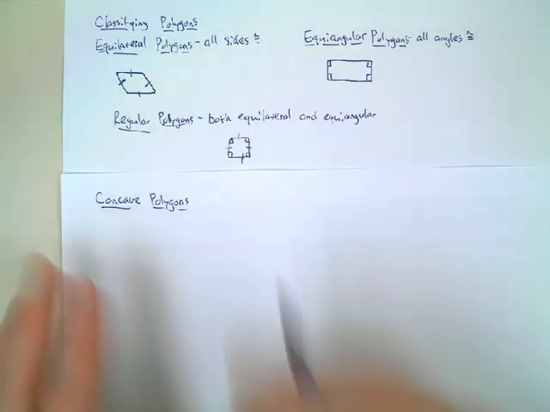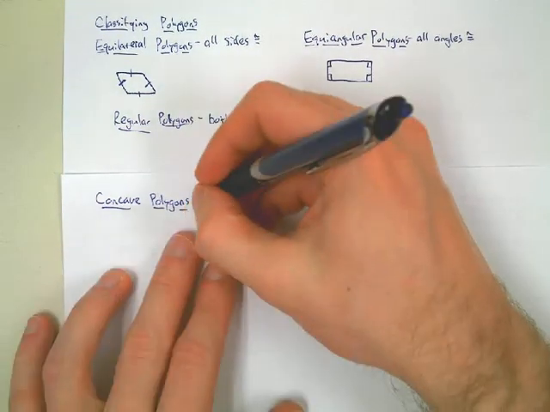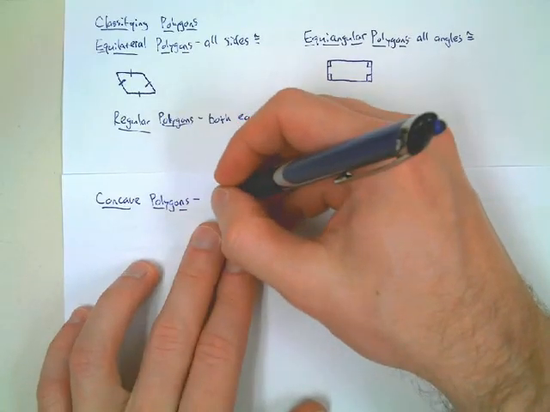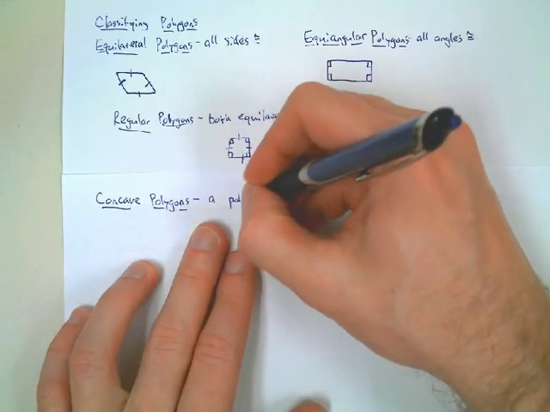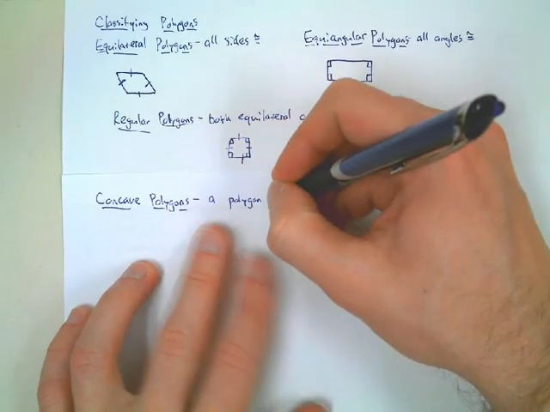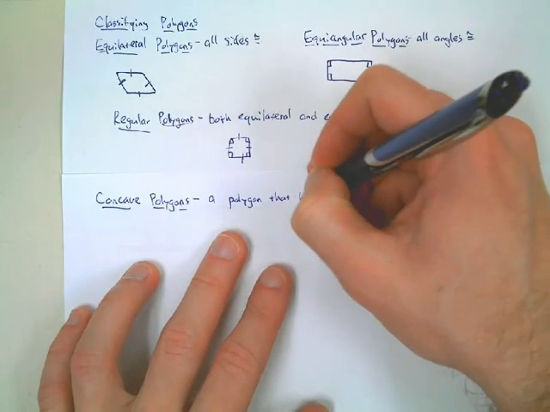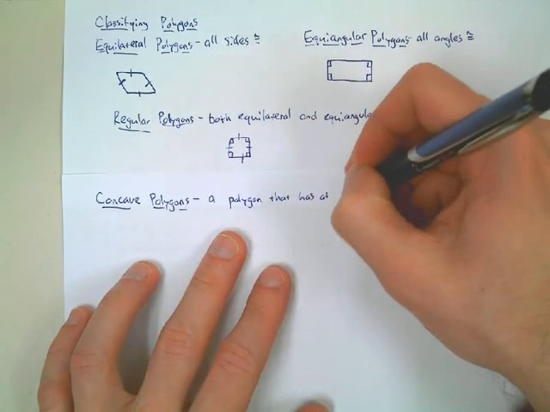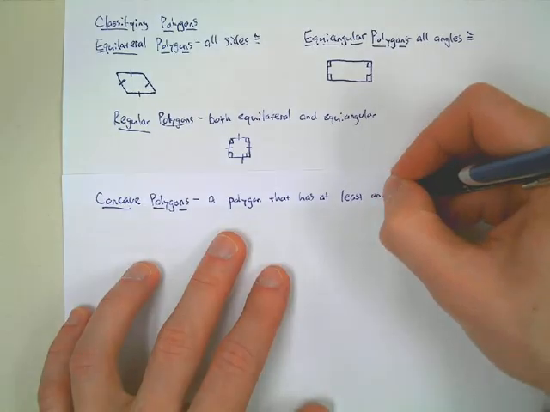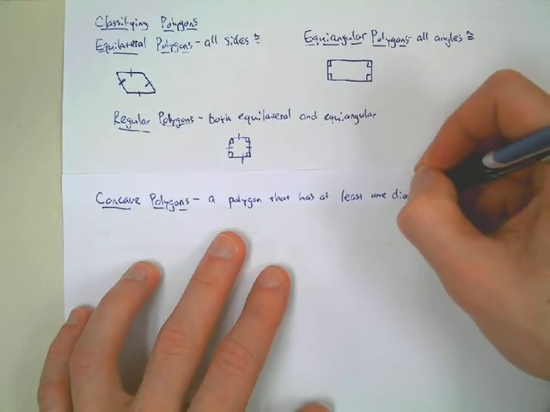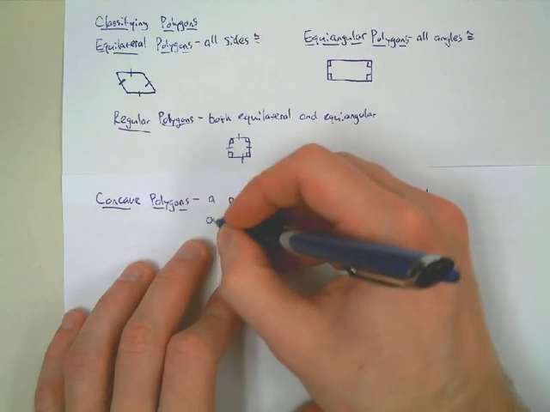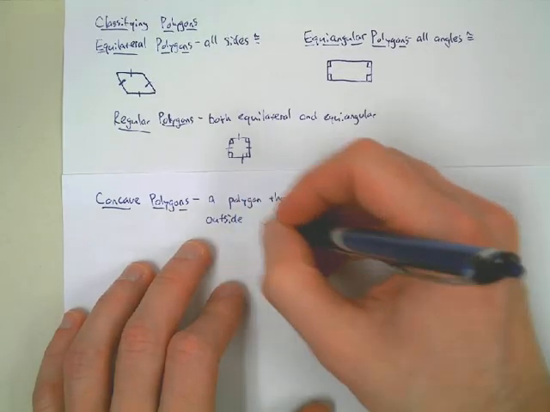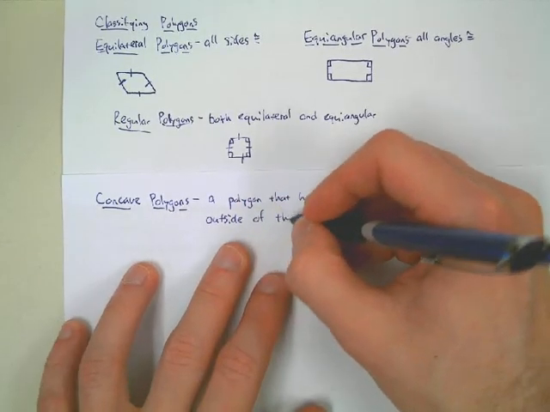A concave polygon is a polygon that has at least one diagonal outside of the shape or figure.